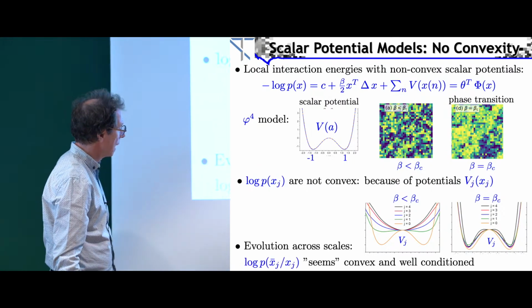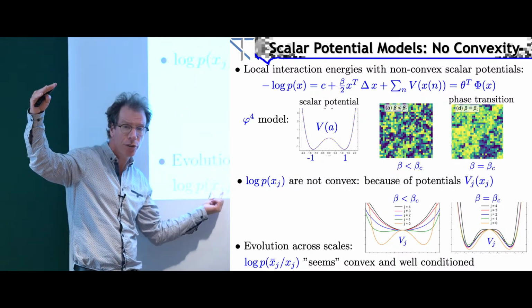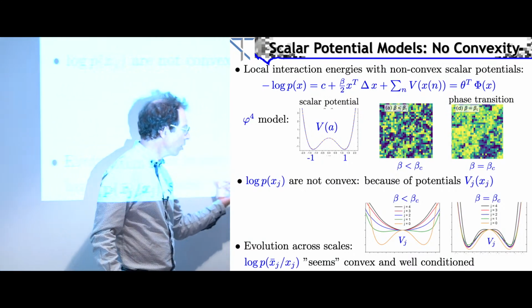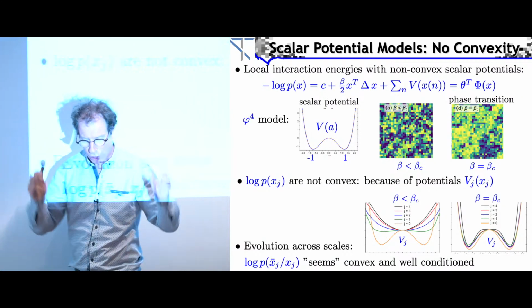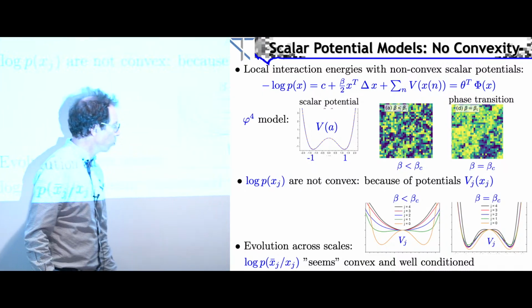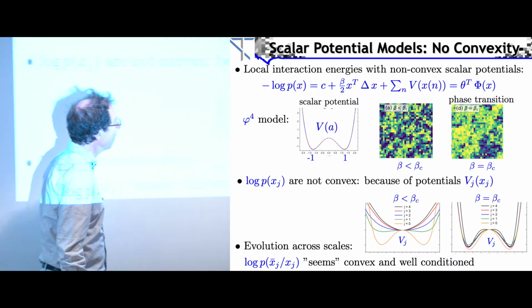But if now you look at the probability distribution of the high frequencies given the low frequencies, they are essentially convex. I say essentially because that remains to be proven; you need to choose the wavelets well, and well conditioned. So why is that so?